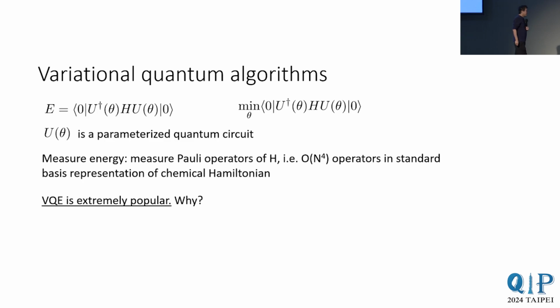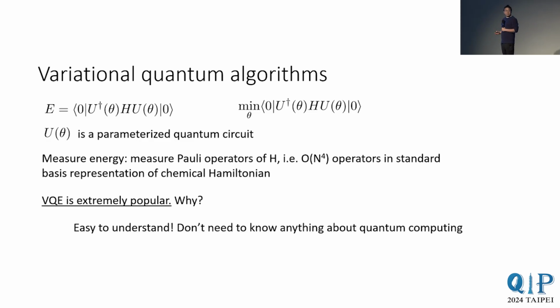OK, so VQE, in terms of the number of papers written on it, is extremely popular. And it's become super popular amongst chemists doing quantum chemistry. Why it's so popular, I'm not exactly sure, but I think it has to do with 3 characteristics. One is that it's very easy to understand. So you don't have to know anything about quantum computing or quantum information to do VQE, and you can still be doing quantum computing.